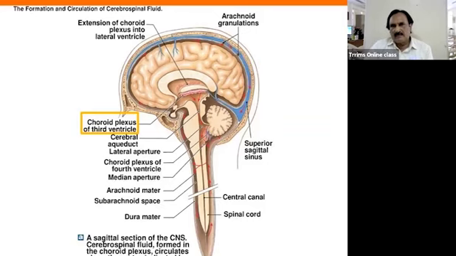From the third ventricle, it enters through the cerebral aqueduct into the fourth ventricle. So from lateral ventricles, foramen of Monro, and then the cerebral aqueduct. These two things you must remember.